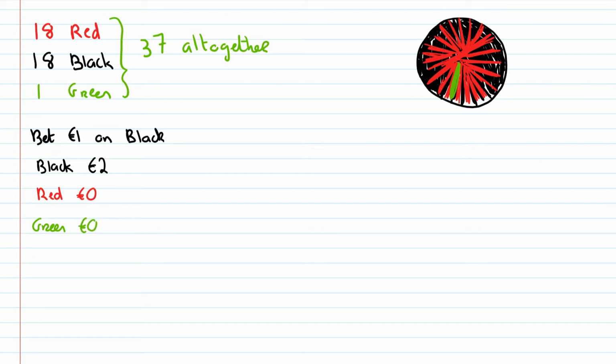Right. So let's see the expected value on this. The amounts, €2 are the values, €2, €0, €0. The probability: well, we have an 18 out of 37 chance, an 18 out of 37 chance, and a 1 out of 37 chance.